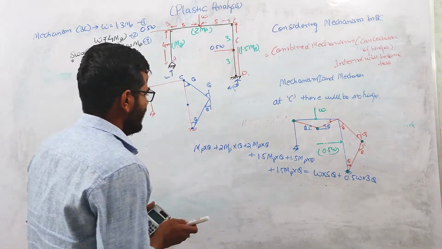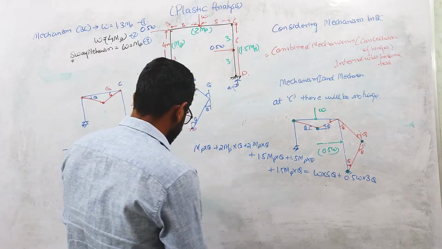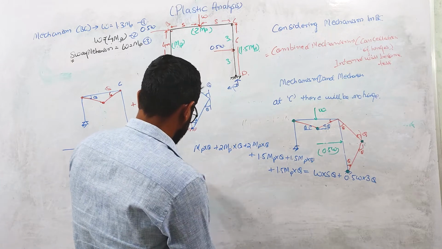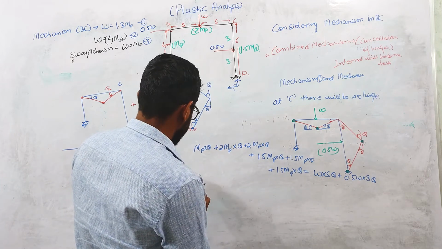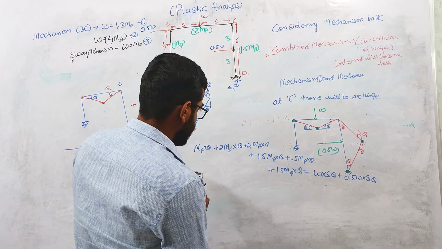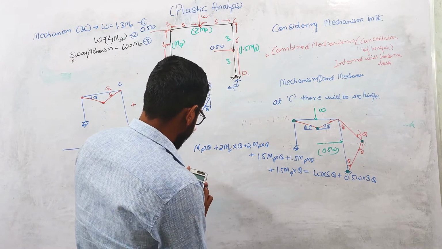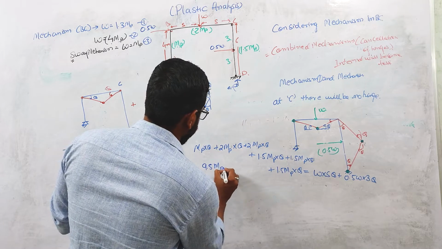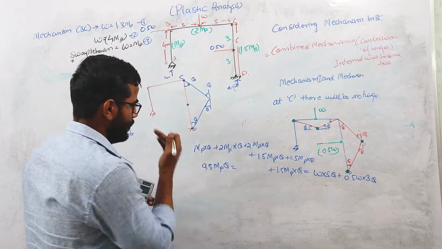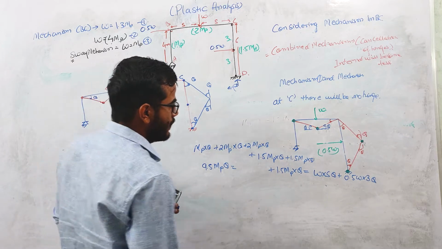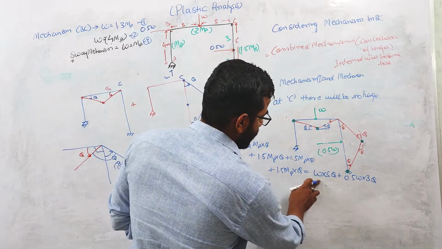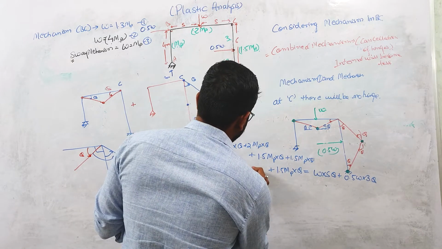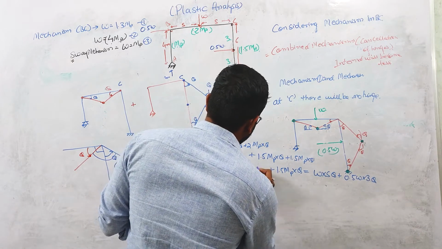If you calculate this, this will be 4.5, this is 1, plus 4, plus 4.5. So this is 9.5 Mp theta equals, this is 5, this is 6.5 W into theta.